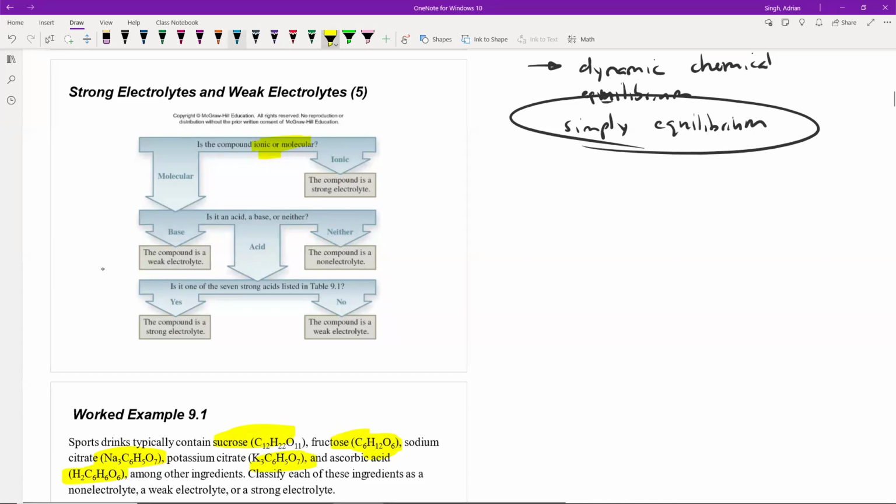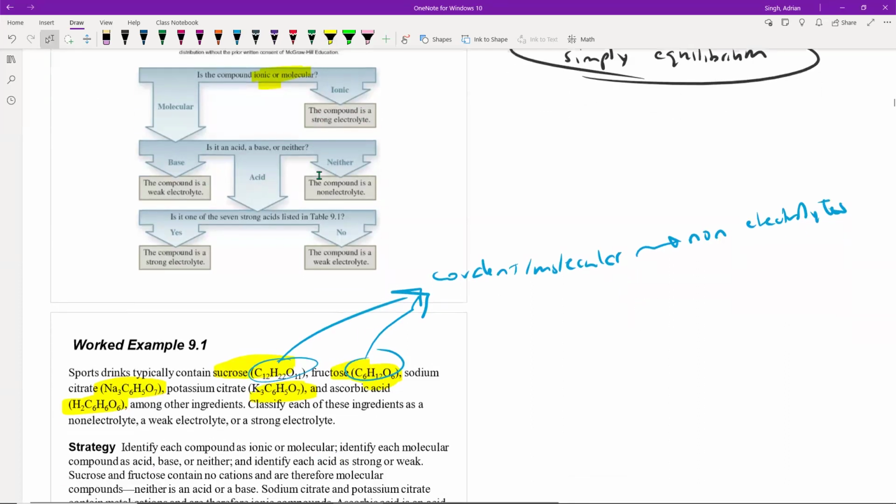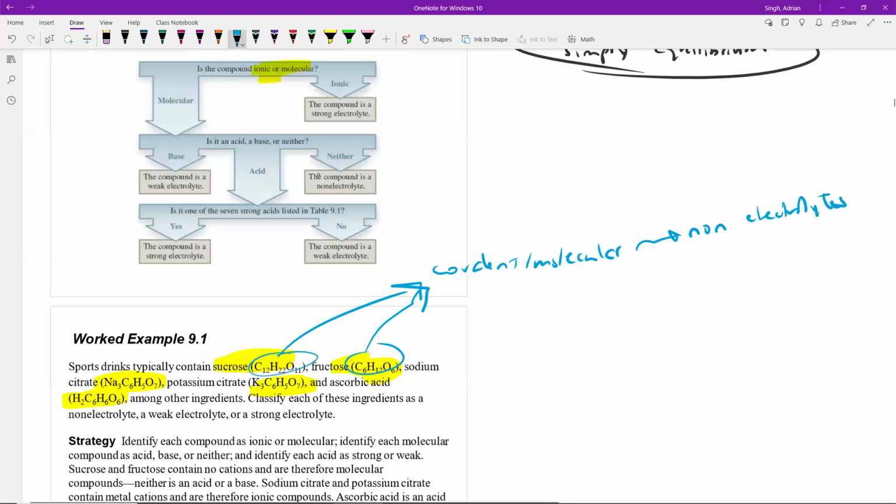If we take a look at the first two, sucrose and fructose, these are made up only of non-metals, so these would be covalent, or molecular. Because of that, we can assume that these are going to be non-electrolytes. These are not made up of ions, and neither are they strong acids, weak acids, strong bases, or weak bases.